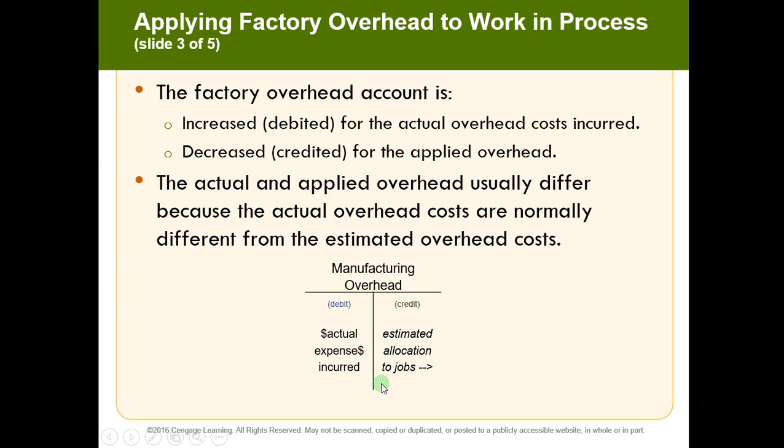Because we can't perfectly estimate this, there's always going to be something left in here. We might overestimate or underestimate. In a perfect world, I would know exactly how much to allocate, and my manufacturing overhead would be perfectly allocated, and as the actual expenses came in, they'd go exactly to the jobs perfectly, and this manufacturing overhead account would wash out.